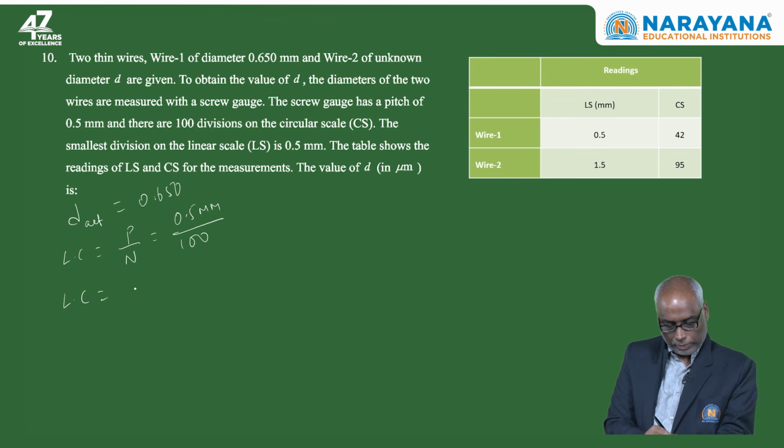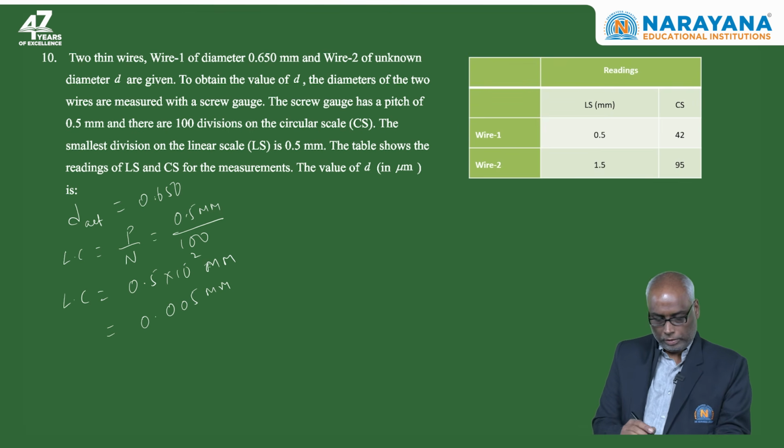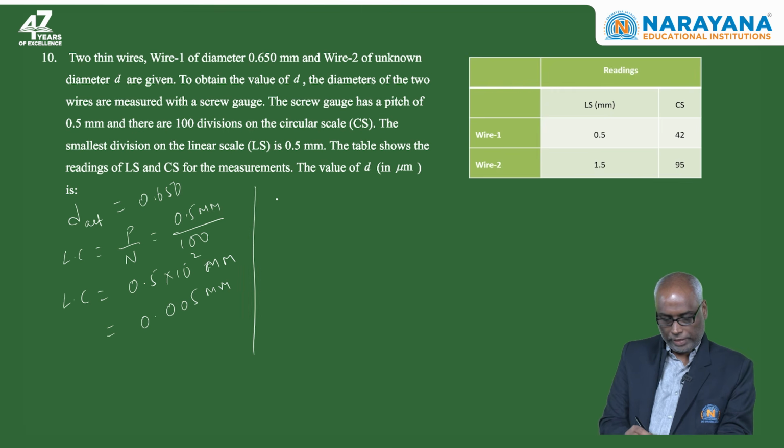So, the least count will be equal to 0.5 into 10 power minus 2 millimeter, that should be 0.005 millimeters.